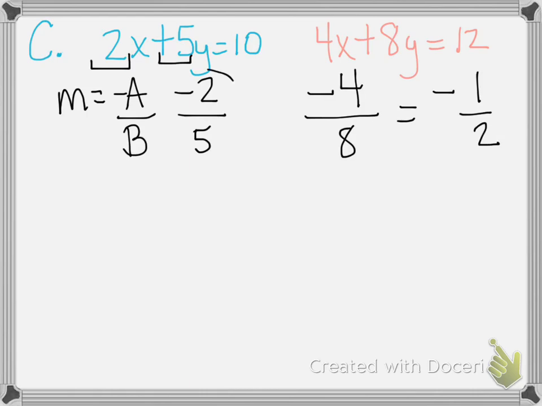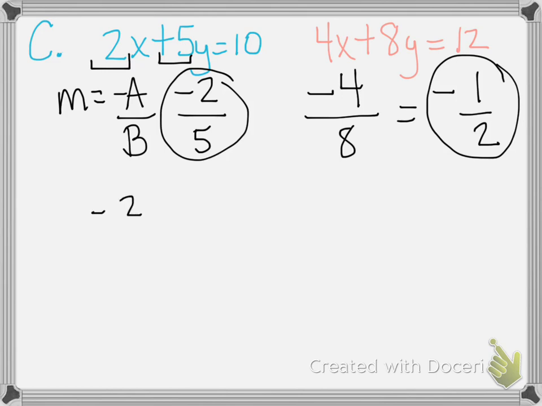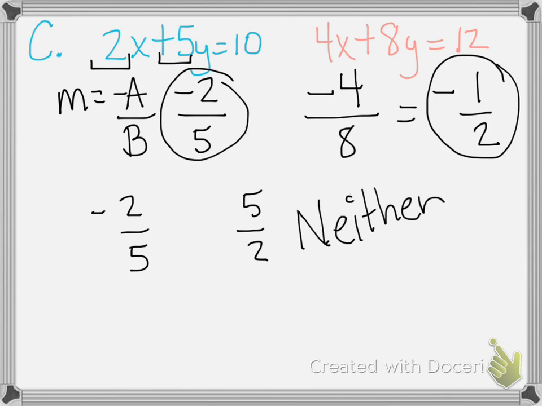So we can see that -2/5 and -1/2 are not the same, so they can't be parallel, and they're not opposite reciprocals. If they were opposite reciprocals, we'd have a -2/5, and we would have a 5/2, but it would be positive, and that is not what we have. So these are neither, because they're neither the same nor opposite reciprocals.